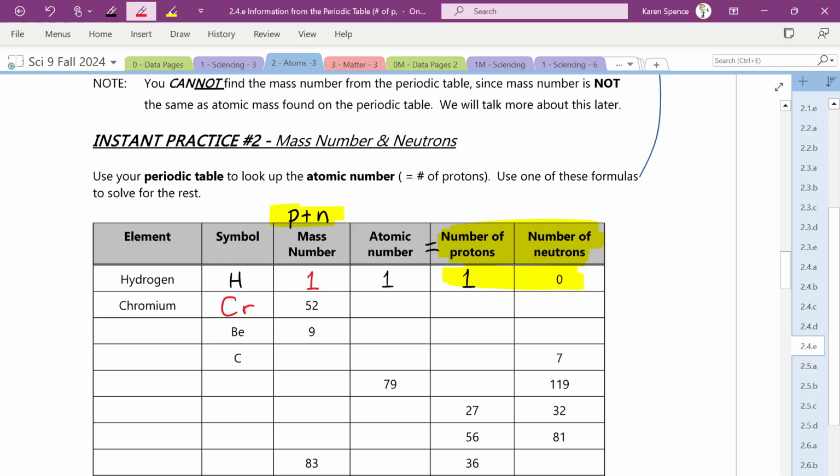Everyone get 24? I'm just going to double check. Chromium, 24. Yes. So what else can we fill in here? Number of protons, because those two are equal. That's 24. How would we find the number of neutrons?